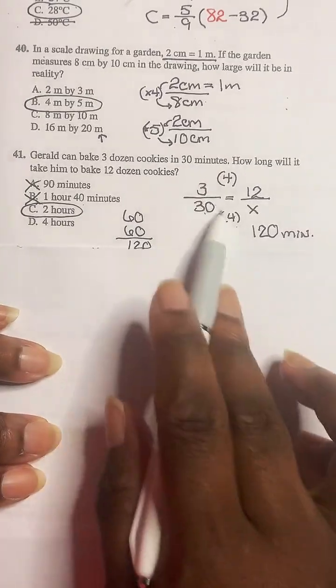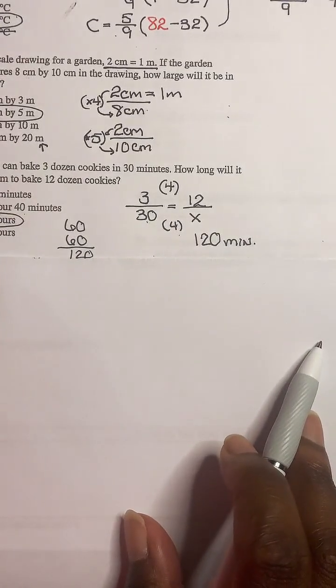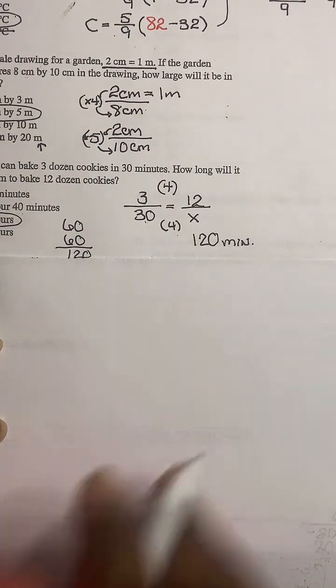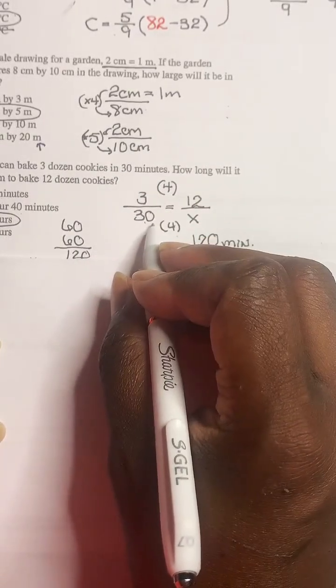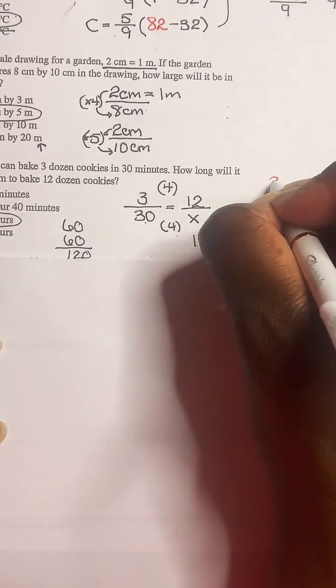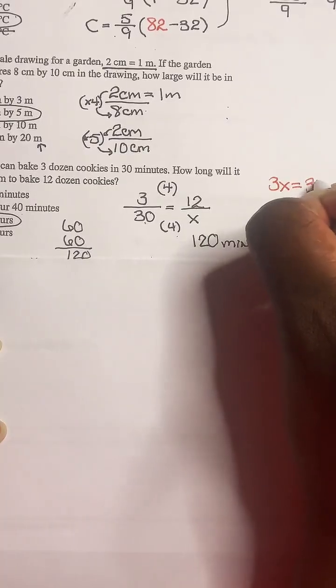And if you don't like finding the pattern, because really, their exams, they're really not trying to go too crazy. They want people to pass. If not, you can cross multiply. When you have an equal sign, you can go ahead and cross multiply. So that will give me 3x equals 360.